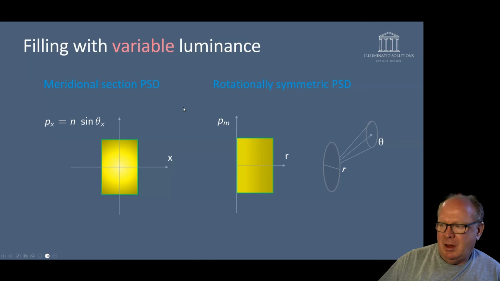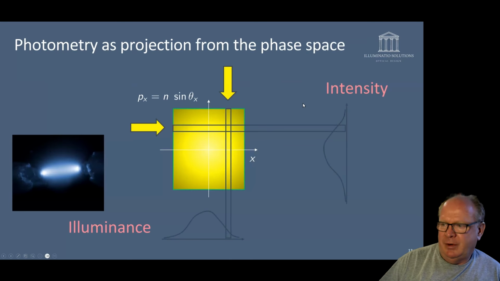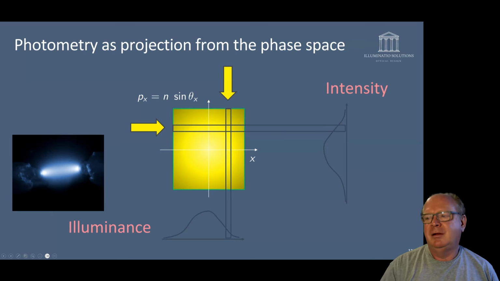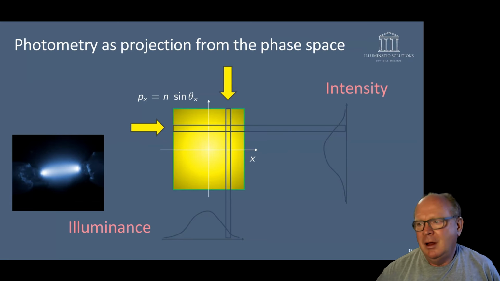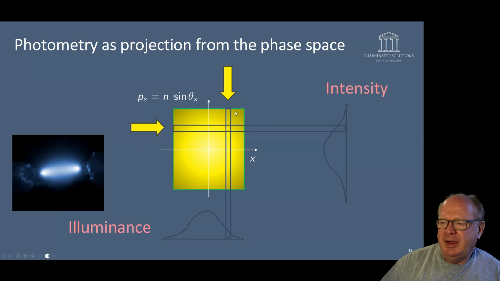If we start to measure light, we can do this, for example, if you want to measure illuminance along a spatial coordinate, we integrate over all angles. This goes along this interval, and we sum for this spatial coordinate and get an illuminance value. This is basically the projection of the distribution of light in the phase space, and we obtain the illuminance distribution.